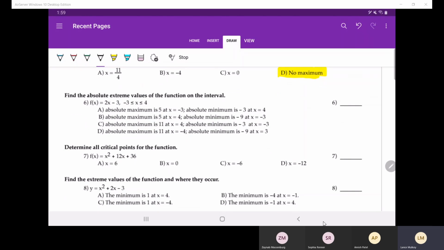But all right, so find the absolute extremum for the values for the function in the given interval. So to do that, you got to find all the critical points, right? What's a critical point, guys?